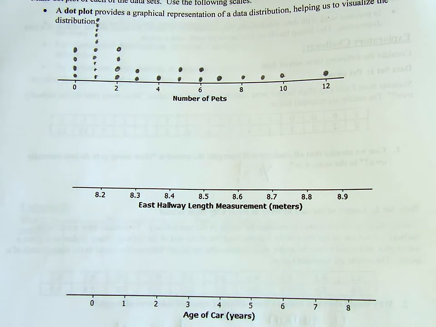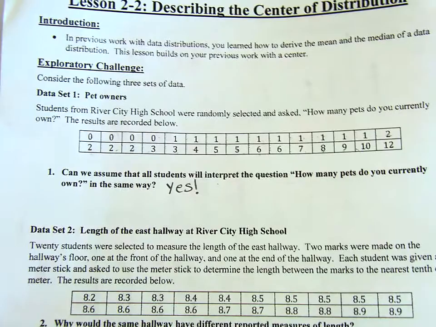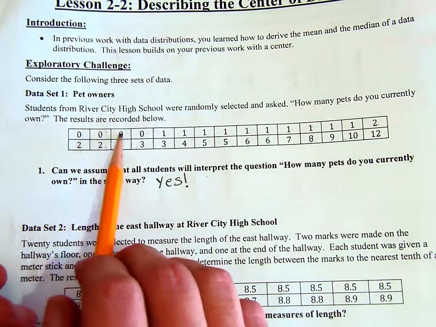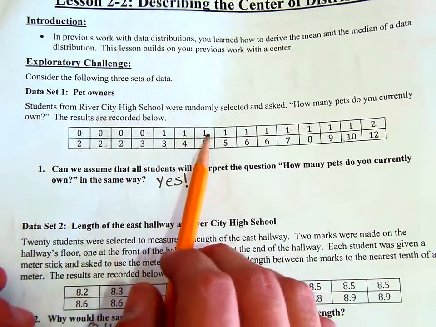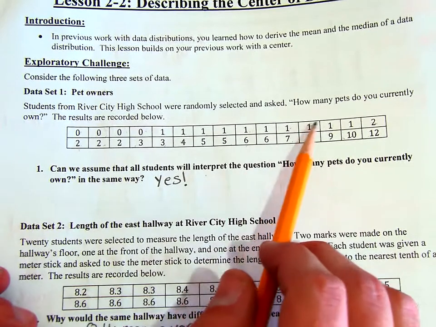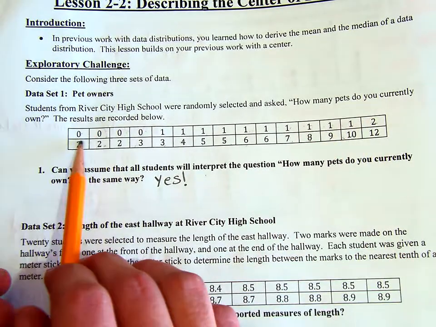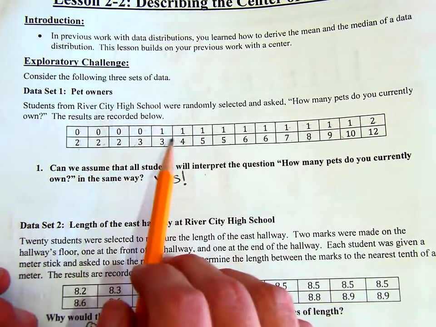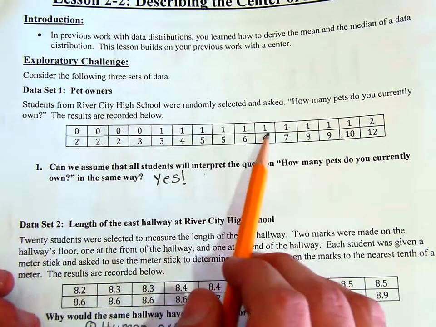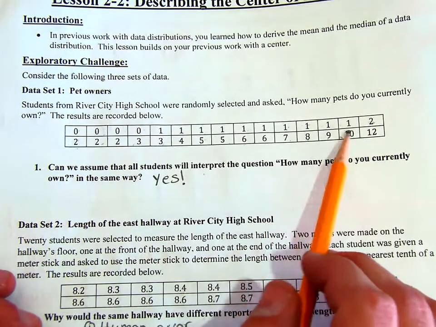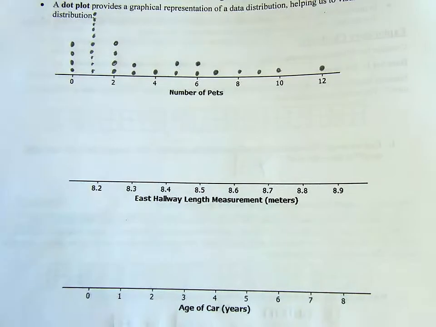Now we should be able to count up all of our dots, and we want to make sure that we have the same amount that we started with. So if we count them all up, we have 1, 2, 3, up to 30.